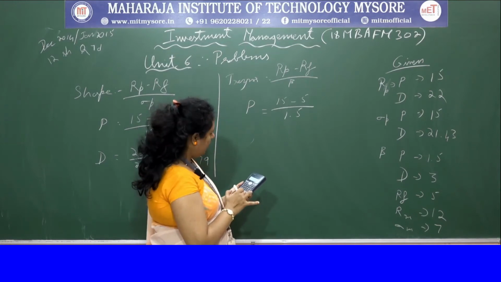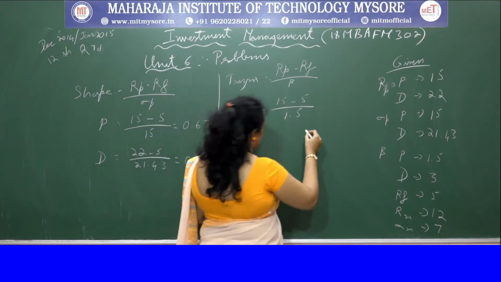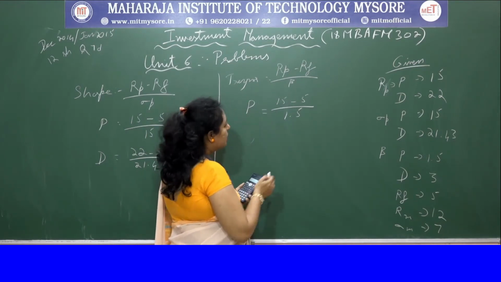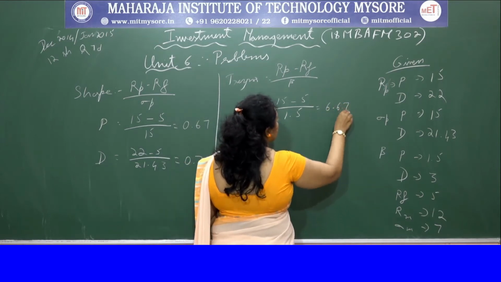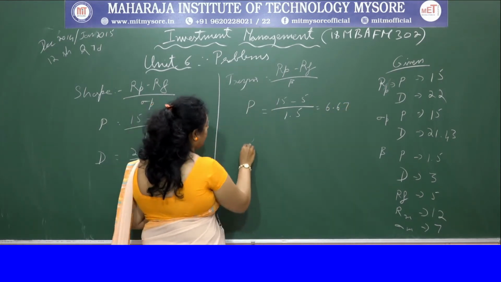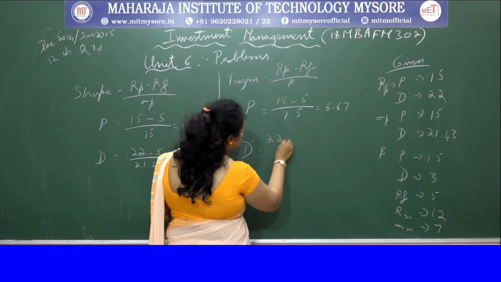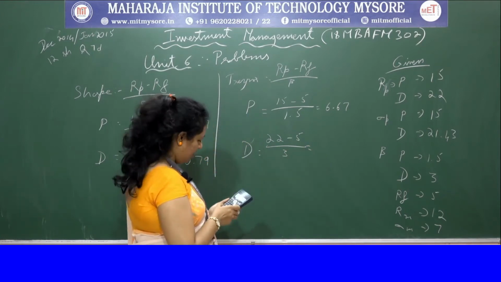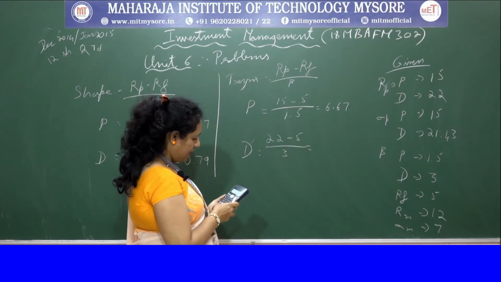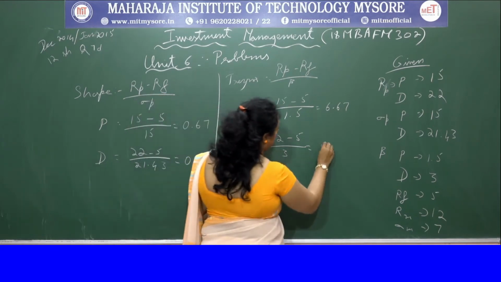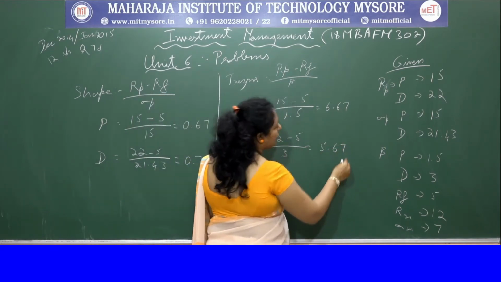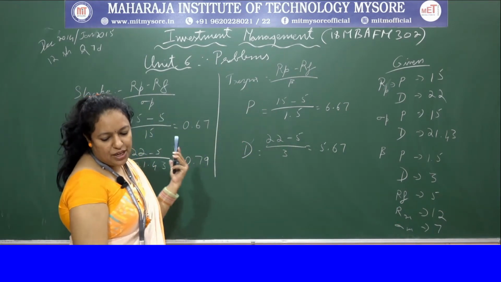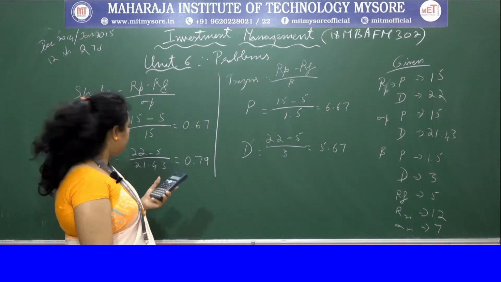So it is 10 divided by 1.5, you get around 6.67. And next is Diamond Fund. It is 22 minus 5 divided by Diamond Fund beta, which is 3. So it is 17 divided by 3, which is 5.67. They have said to compute Sharpe and Treynor's index for the funds and interpret the results.